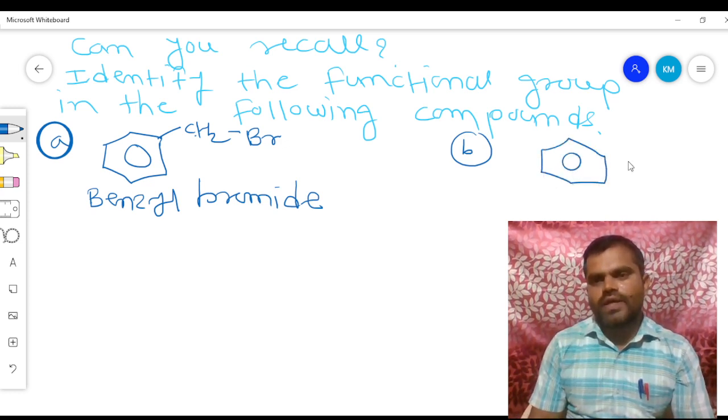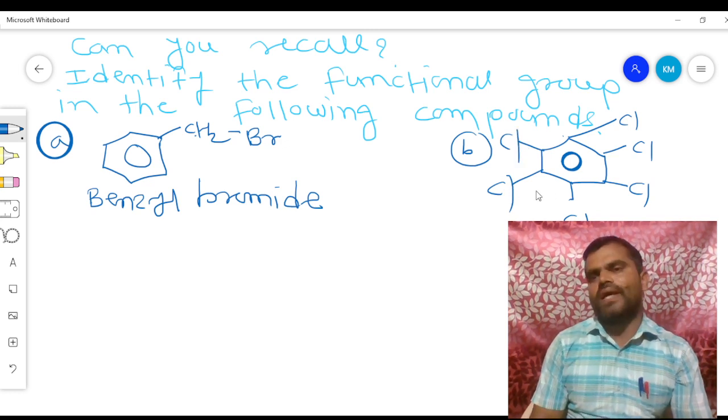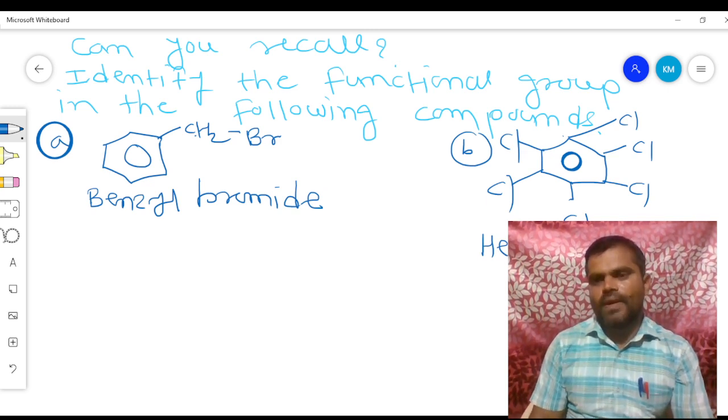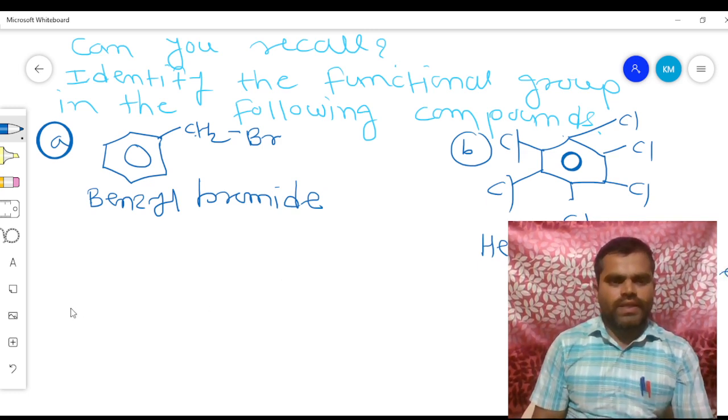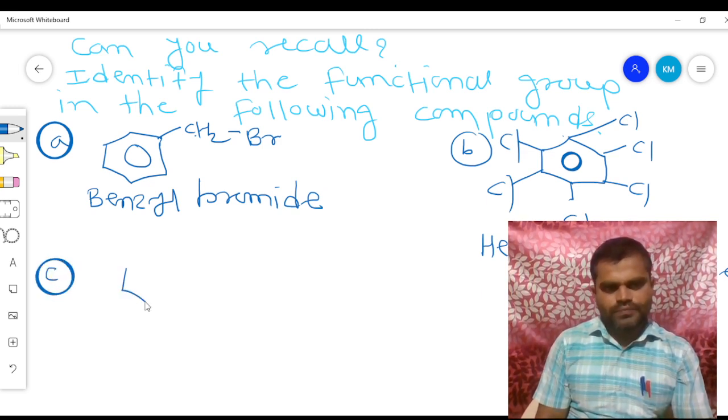Hexachlorobenzene. Here is a Cl, here is a Cl. 6 Cl atoms get bonded to each carbon atom of the benzene ring, so its name is hexachlorobenzene. Then the third one is hexachlorocyclohexane.